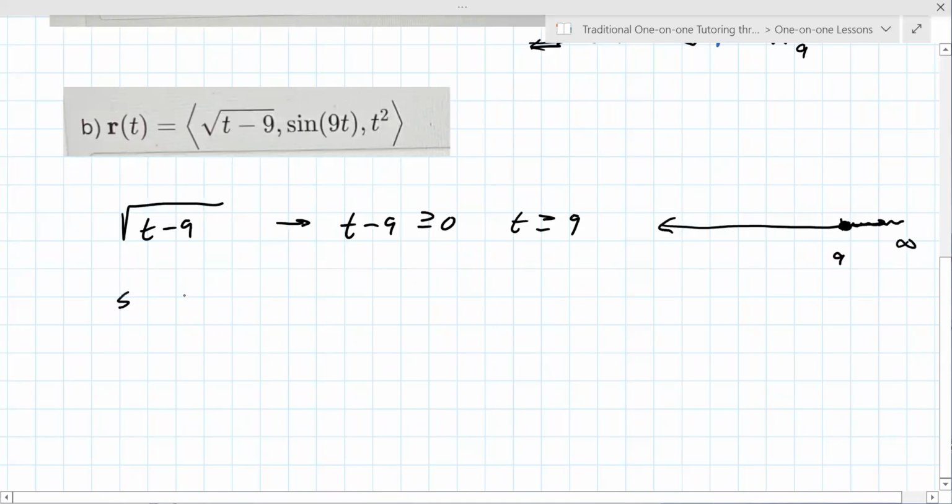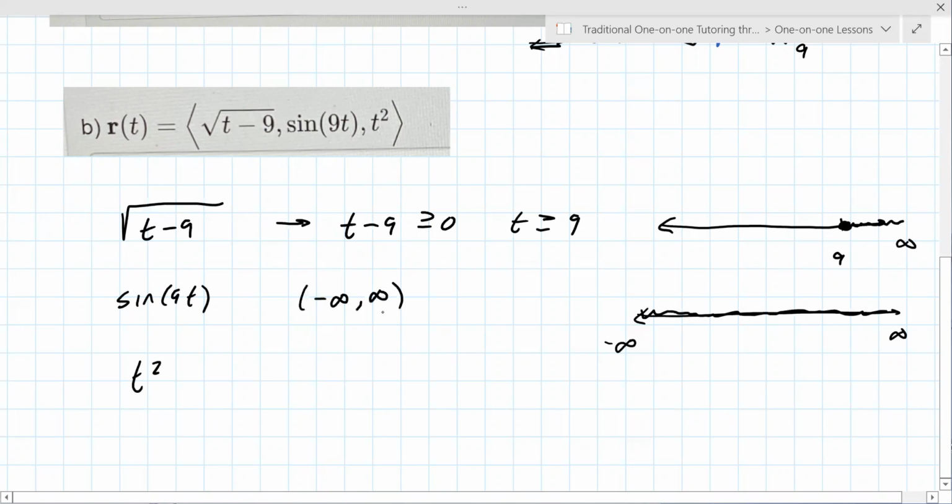Sine of 9t has no restrictions. So it's everything. It's all real numbers. Does sine have any restrictions? No restrictions because it oscillates, it just goes forever. And then t squared, similarly, has no restrictions either. So the domain will be 9 to infinity.